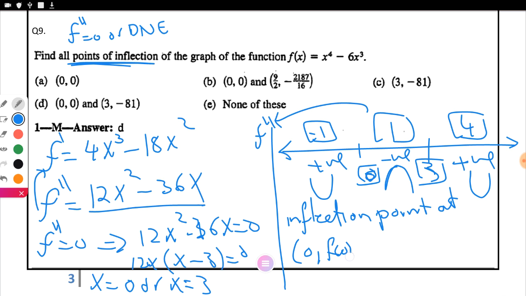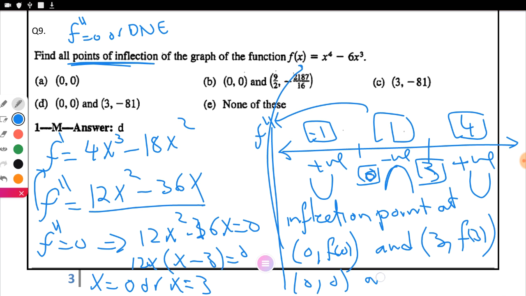Since you talk about a point, I have to find the x coordinate and the y coordinate. And what else? 3 and f(3), which are replaced in the original function. The inflection points are (0, 0) and (3, negative 81). That's all.